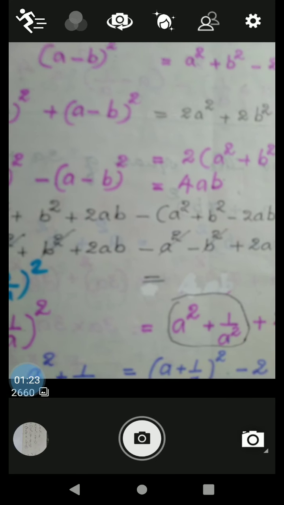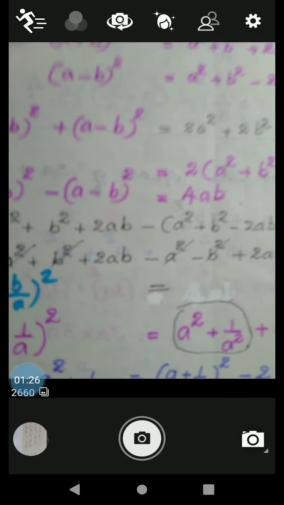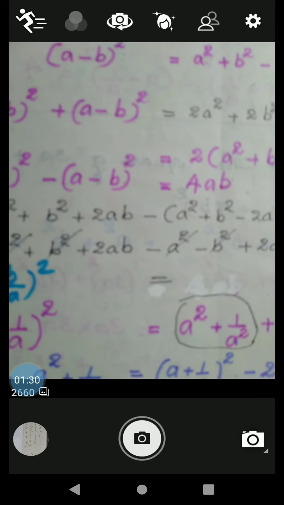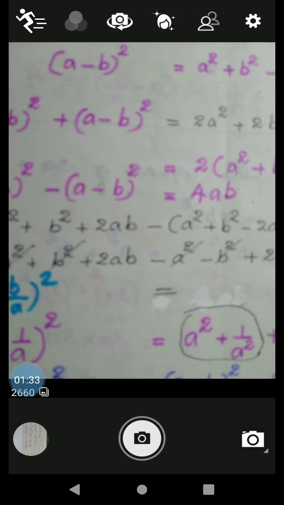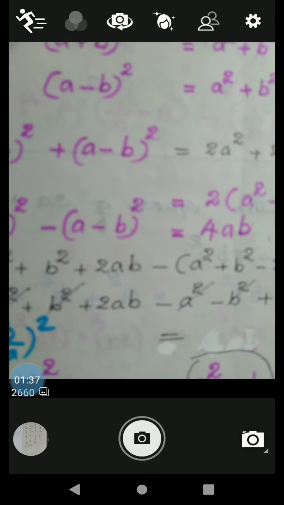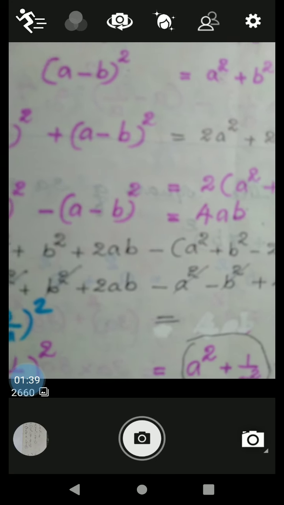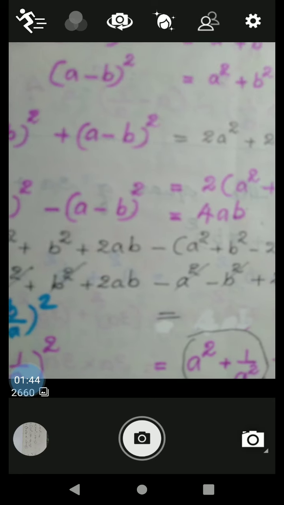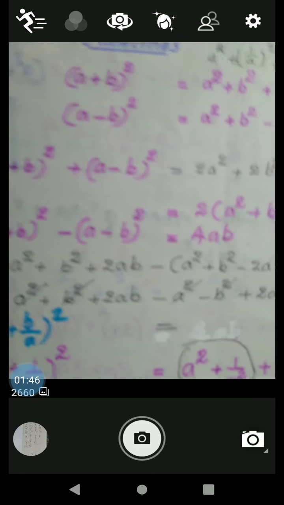And we are using some of these identities for the next chapter, such as a square minus b square is equal to (a plus b) into (a minus b). a cube plus b cube is equal to (a plus b) the whole cube minus 3ab into (a plus b). Do you remember all these things? And a cube minus b cube. So you have to remember these identities.